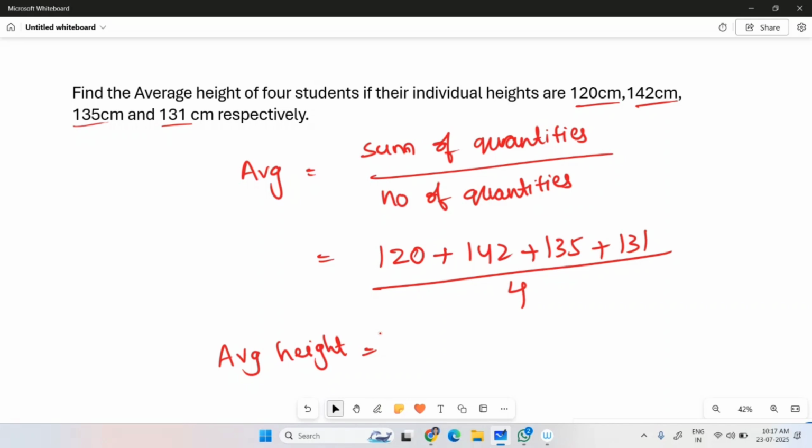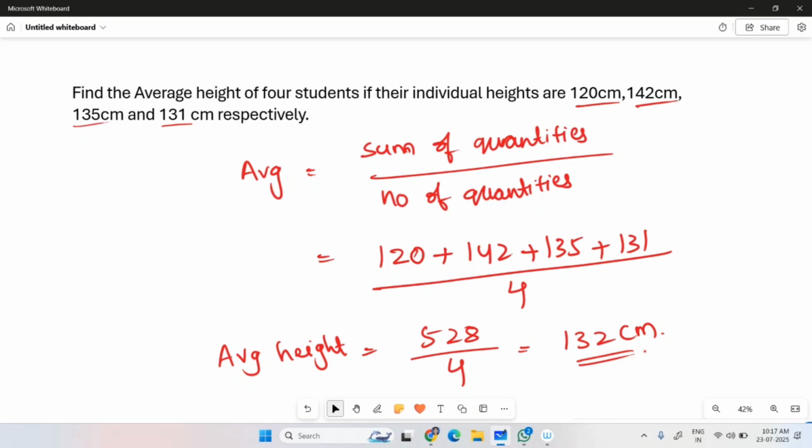If we add all together, we get 528, divided by 4, which means 132 centimeters. That means the average height of 4 students is 132 centimeters.